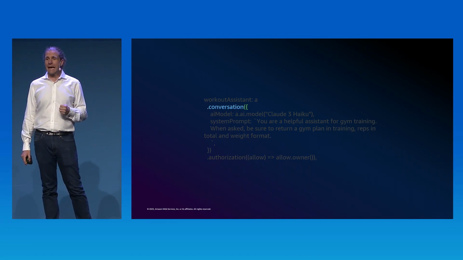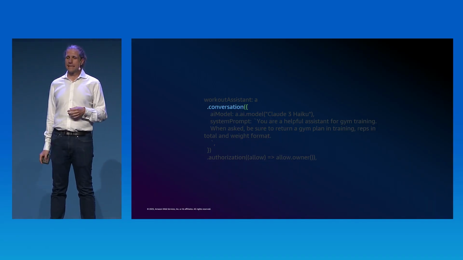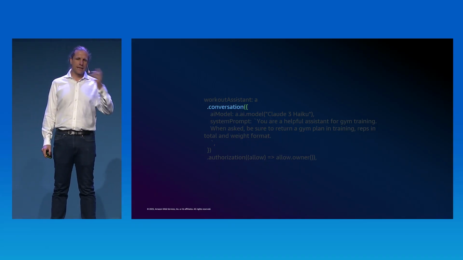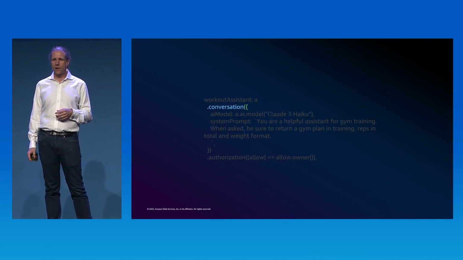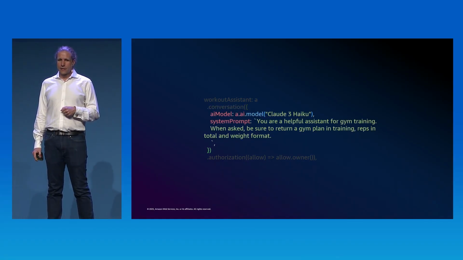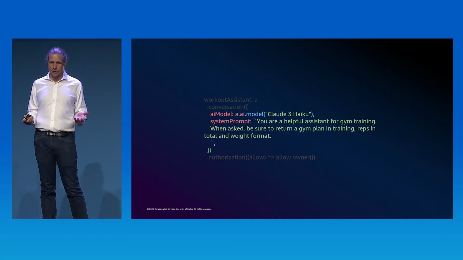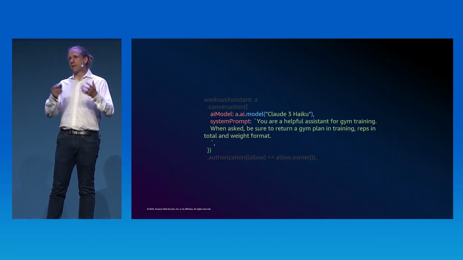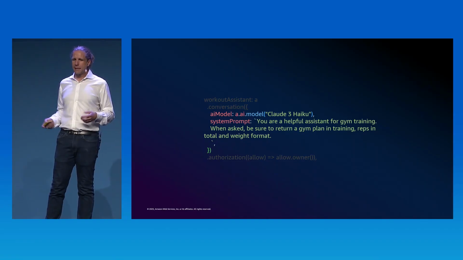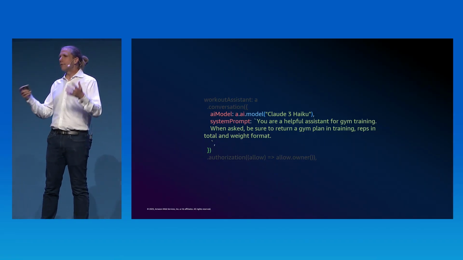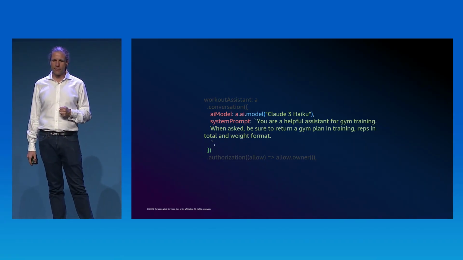But the beauty of using the Amplify AI kit is all this complexity is handled for you: setting up the tables, managing the storage, maintaining the conversation flow, while keeping our implementation just as simple. So just like a previous generation implementation, the conversation setup requires the same two components, an AI model, selected from the various Bedrock models with the same intelligence support applies, and of course you need to make sure that the model is available in your region.